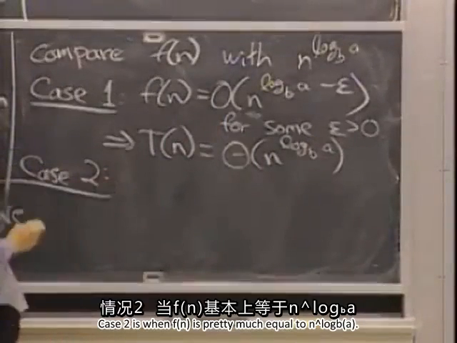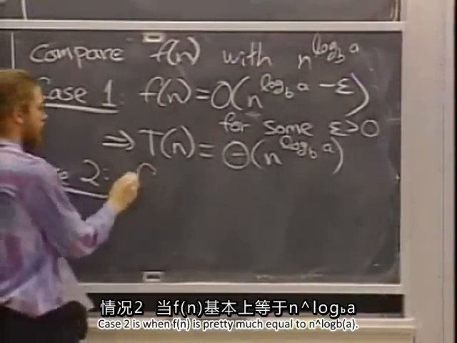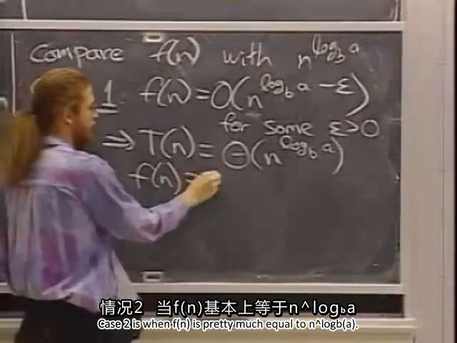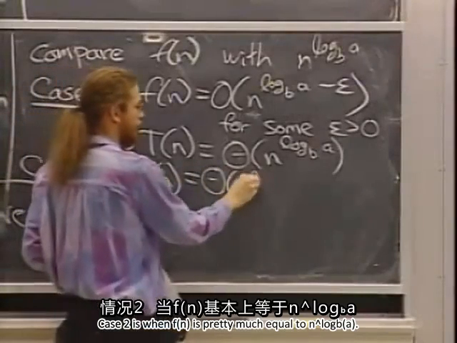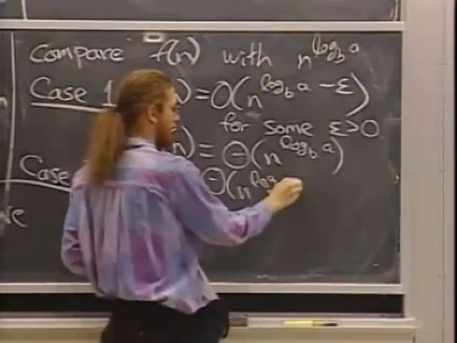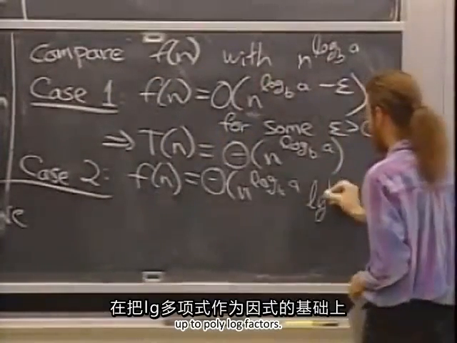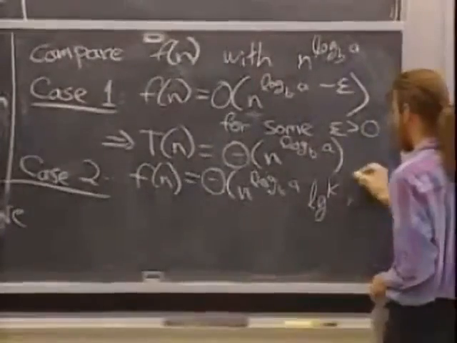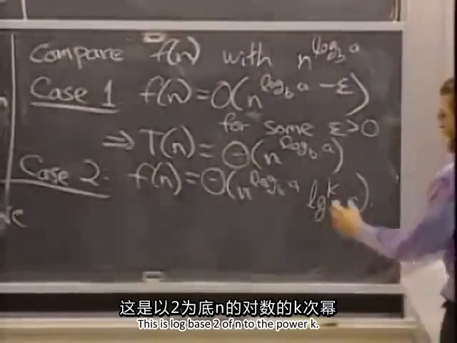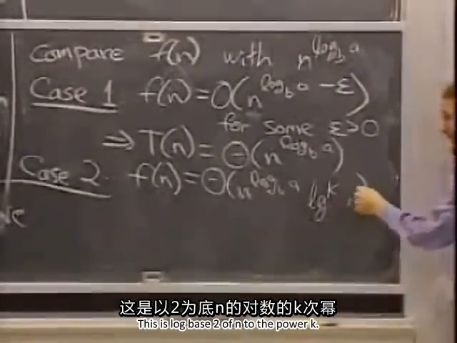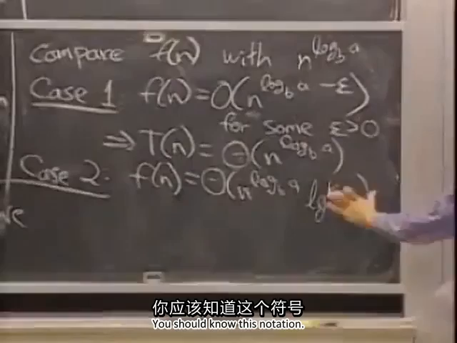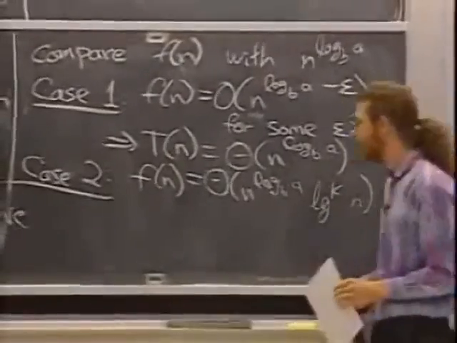Case 2 is when f of n is pretty much equal to n to the log base b of a. And by pretty much equal, I mean up to polylog factors. So this is log base 2 of n to the power k. You should know this notation.